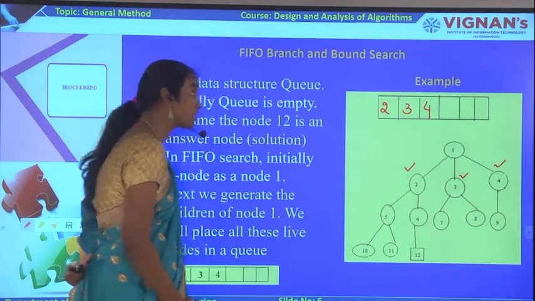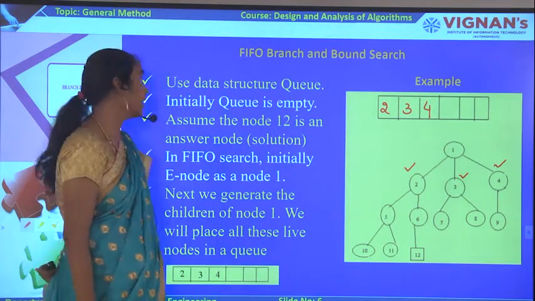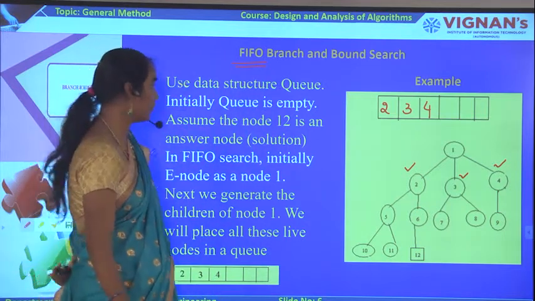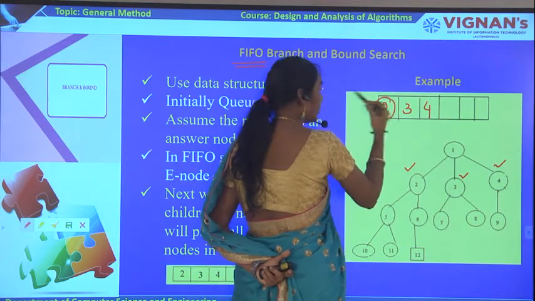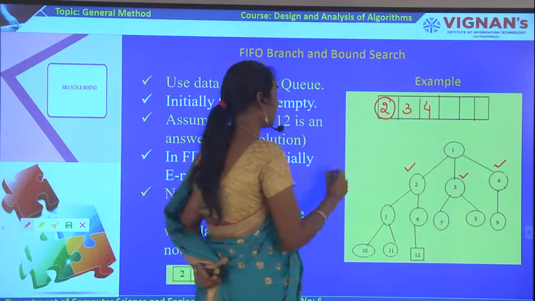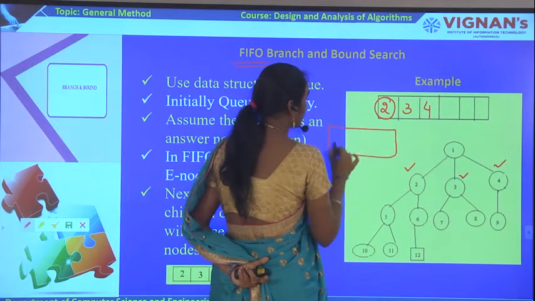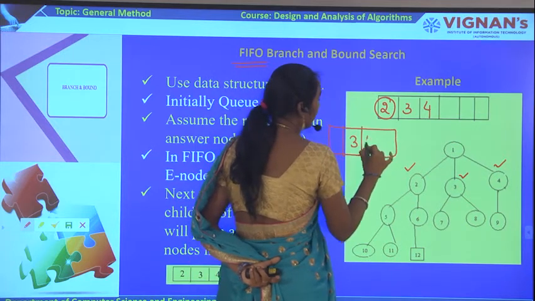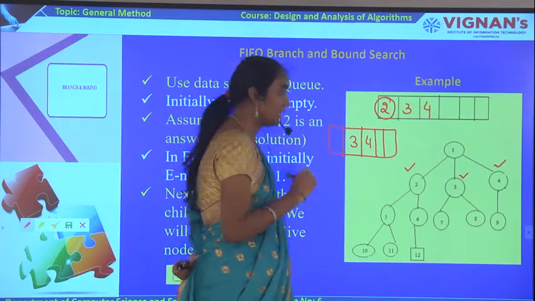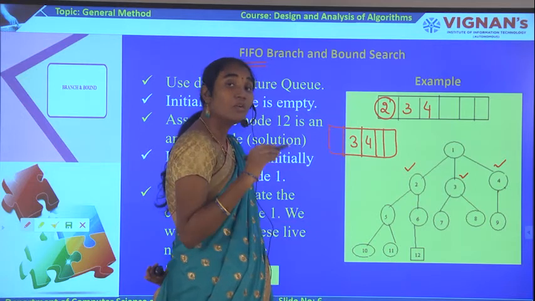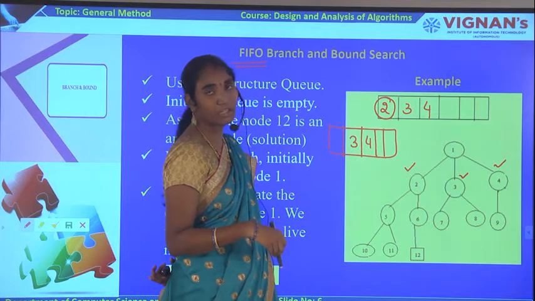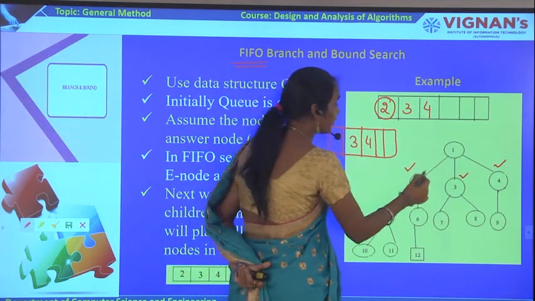Now what is our principle? First in first out. So what is the first element? 2. That node 2 is deleted from the queue, leaving 3 and 4. Whatever I delete becomes the E node for the next level, so now 2 is the E node.